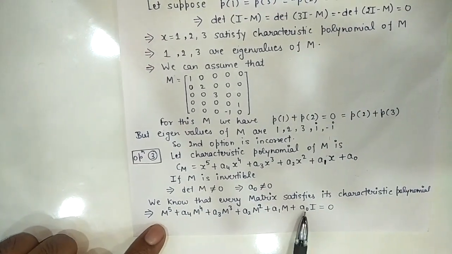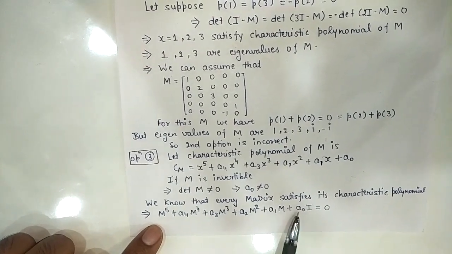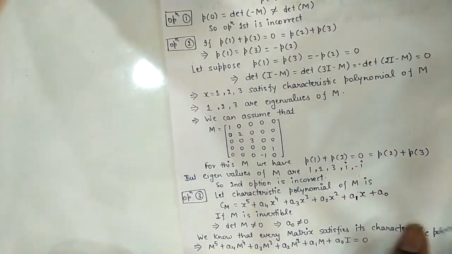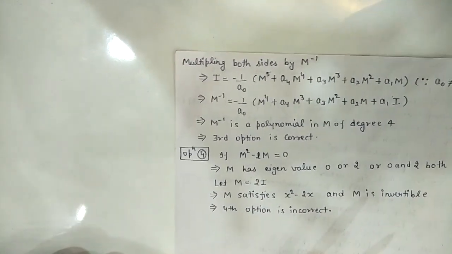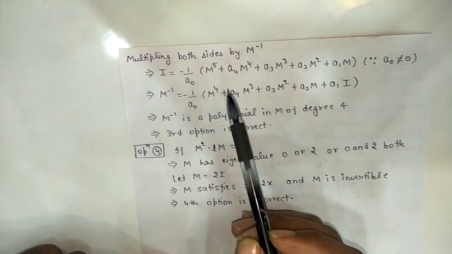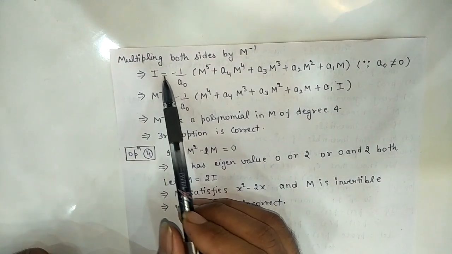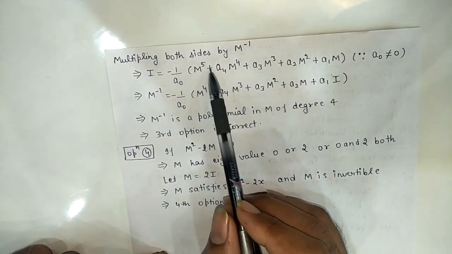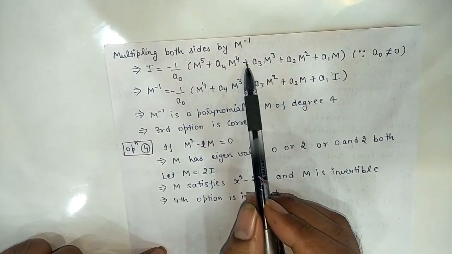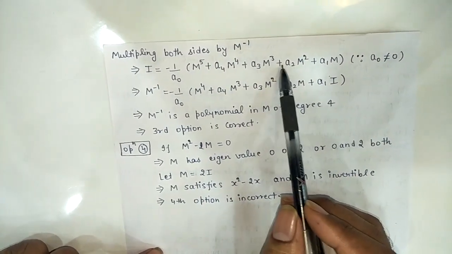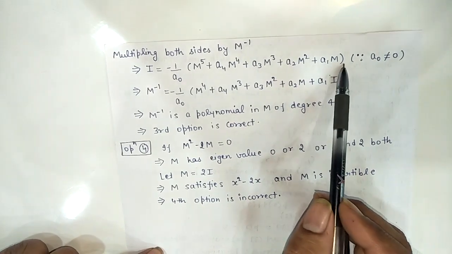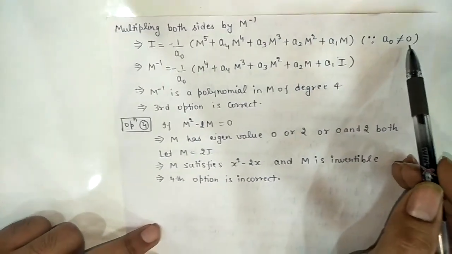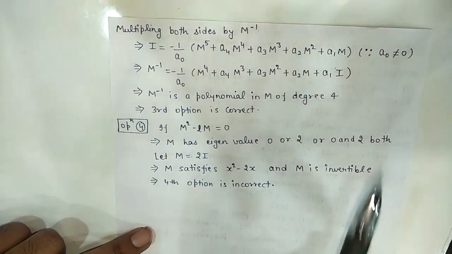Now we move a naught I to the right hand side, and we get I equal to minus 1 over a naught times (M to the power 5 plus a4 M to the power 4 plus a3 M cube plus a2 M square plus a1 M). Because a naught is non-zero, we can divide by a naught here.